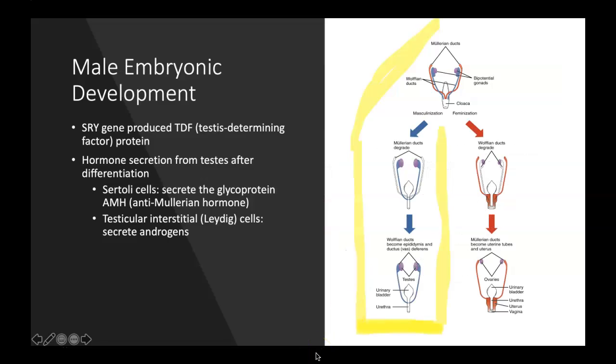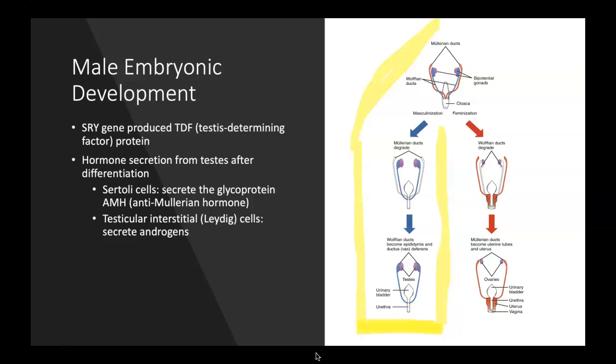So, male embryonic development. The SRY gene produces a protein called testis determining factor, abbreviated as TDF. This TDF protein binds to DNA, and then it activates additional genes.